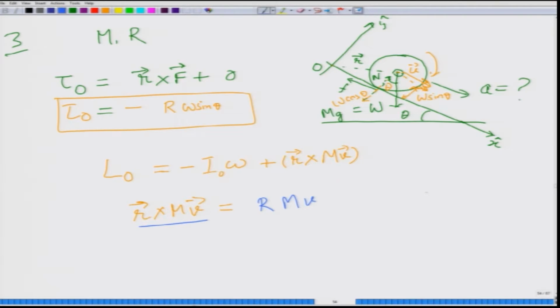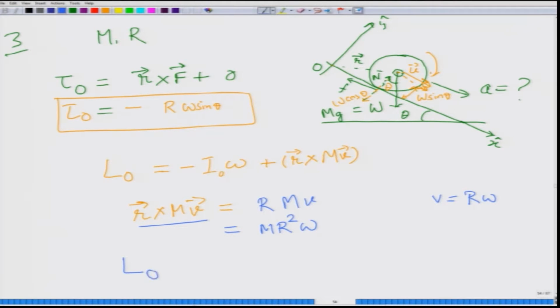And we know that instantaneously this point is static. So with respect to this point, the velocity v is actually r times omega. So this momentum is m r square omega.